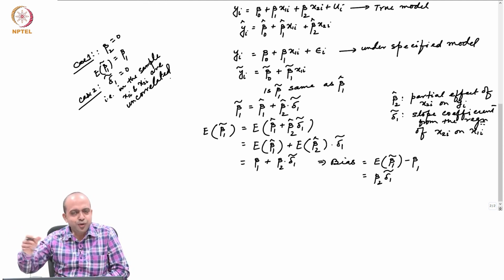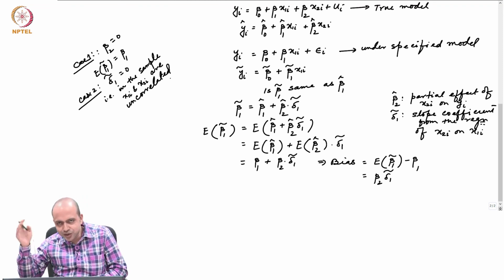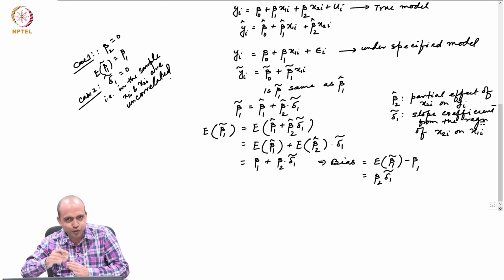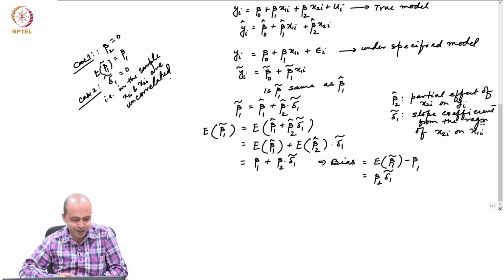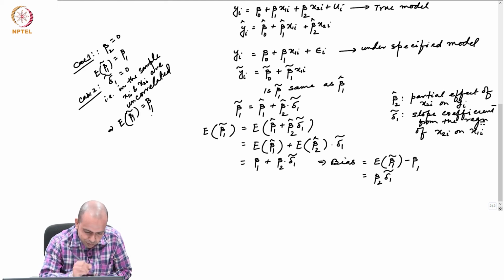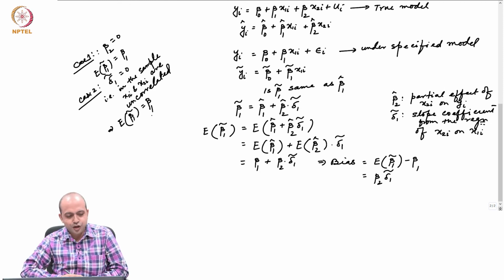So even though in the population we hypothesize that x2i has some impact on yi, in the sample we collected, we see that education and ability are not correlated, then also we can ensure that expectation of beta 1 tilde equals beta 1. So under these two cases, either beta 2 equals 0 or delta 1 tilde equals 0, only then can we say that expectation of beta 1 tilde equals beta 1, that means the bias is 0.